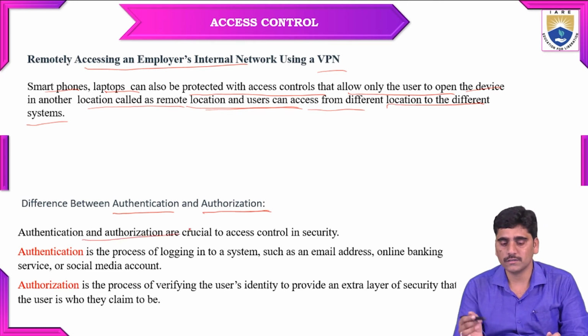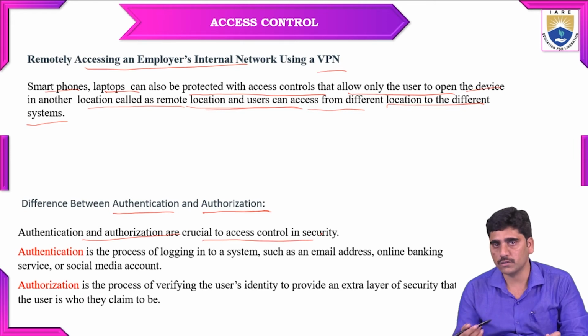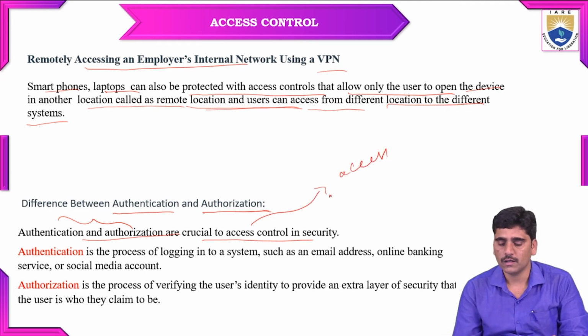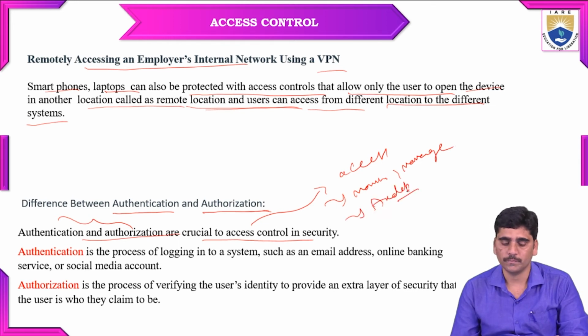Authentication and authorization are crucial to access control and security, because if these two are not validated, the user cannot access the system or device, cannot monitor, modify, or manage it, and cannot audit the reports. Only if the user is authenticated and authorized can they access, manage, and audit the system.